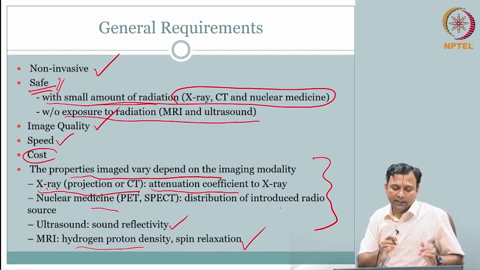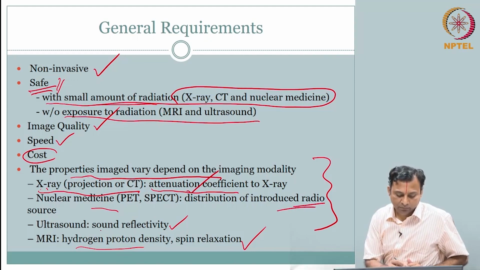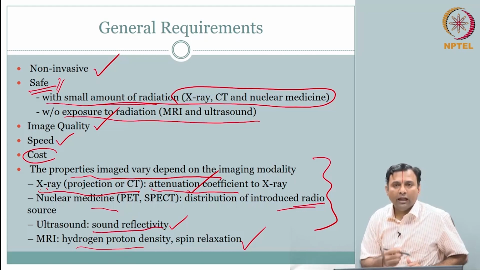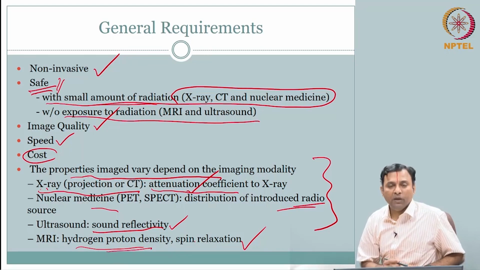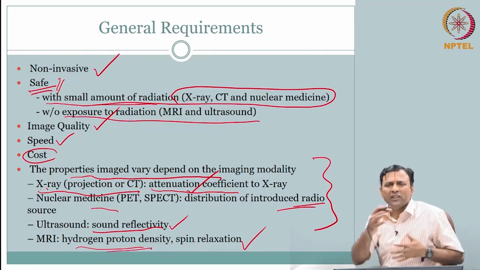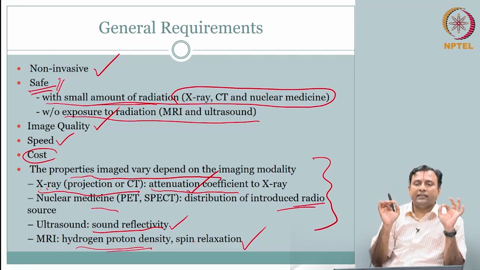Just see that one is capturing the coefficient of attenuation, the other some radioactivity, another reflection, and here some spin properties and density. Each one is capturing different aspects, that is all you need to recognize at this time.